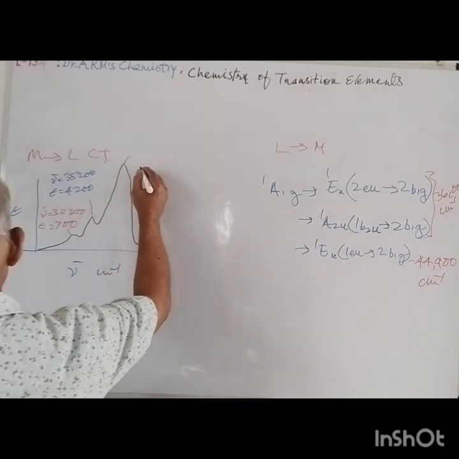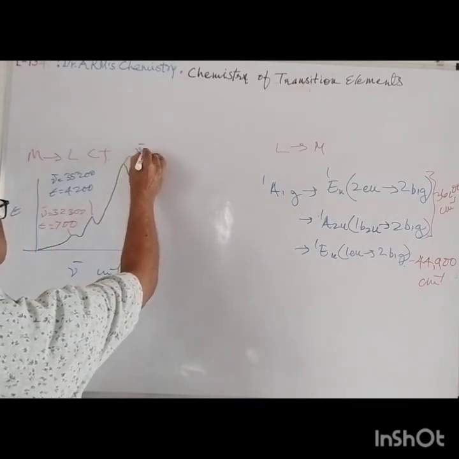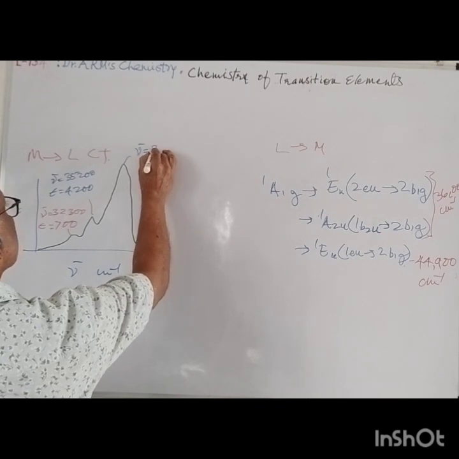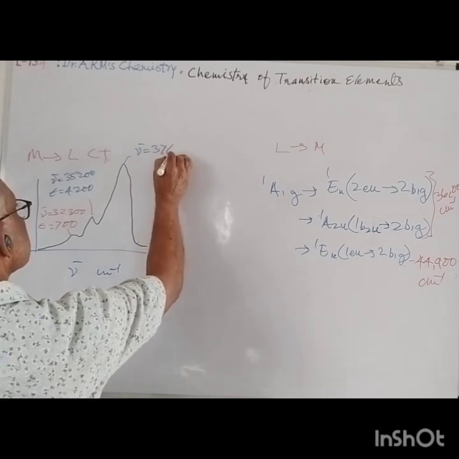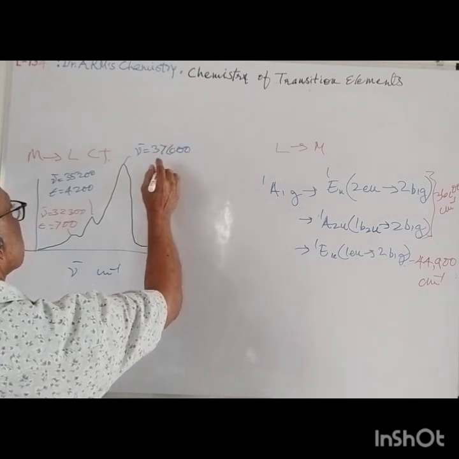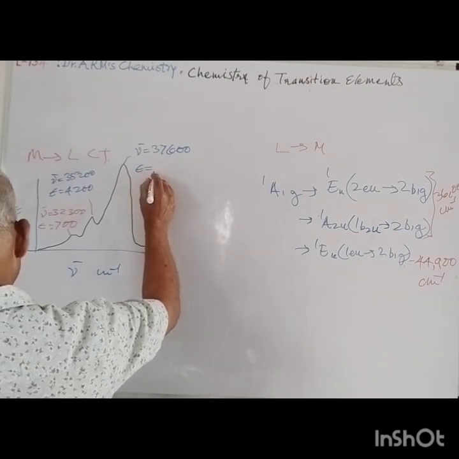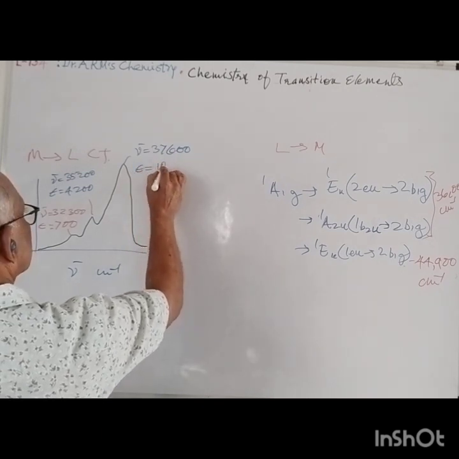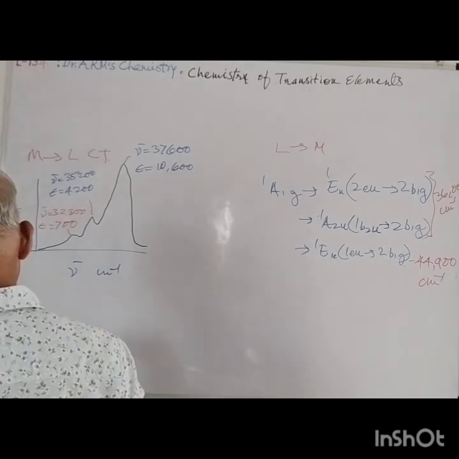Then this will have nu bar equal to 37,600 and epsilon is 10,600.